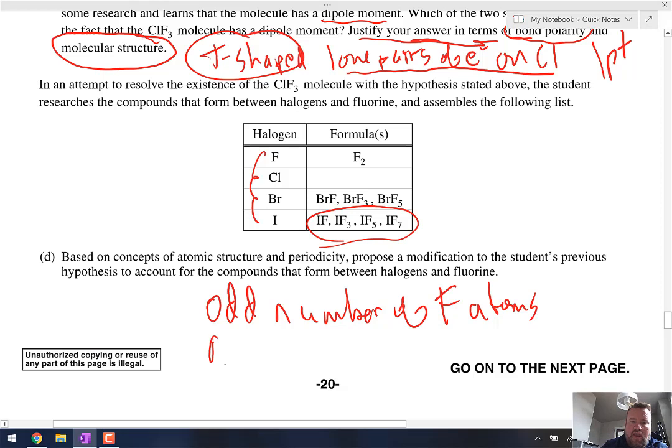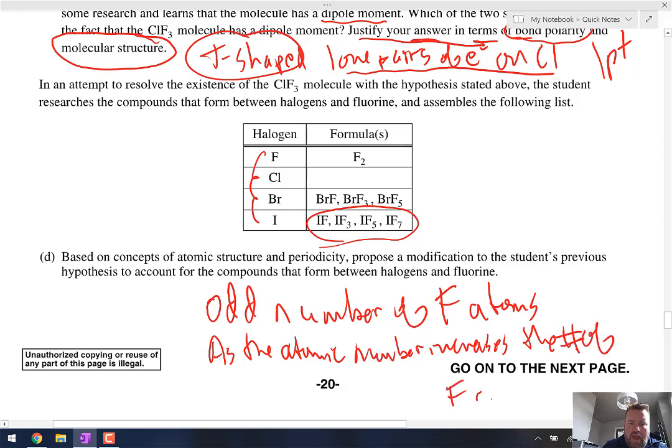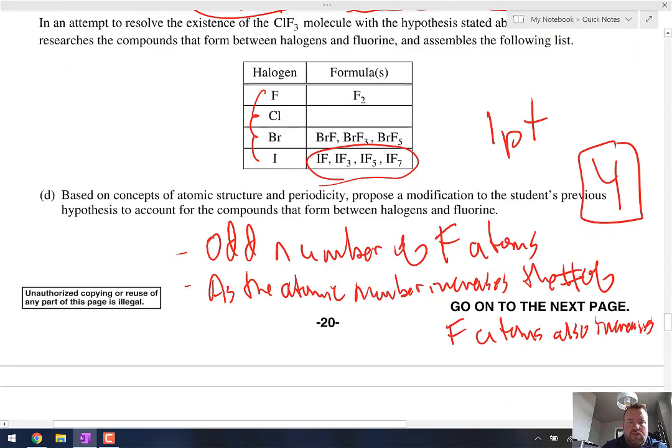So you could say as the atomic number increases, the number of fluorine atoms also increases. Okay, and those are really the only two answers that they accepted. Again, those are tricky questions, but that was a 1 point response. So there's our 4 points for question number 5.